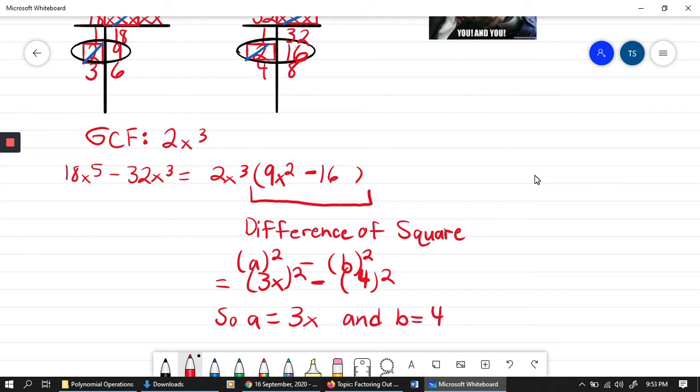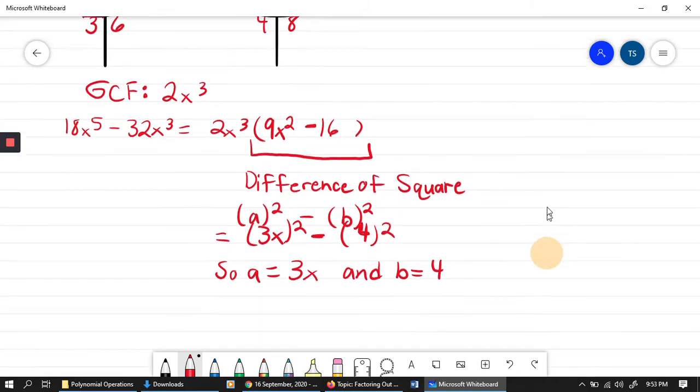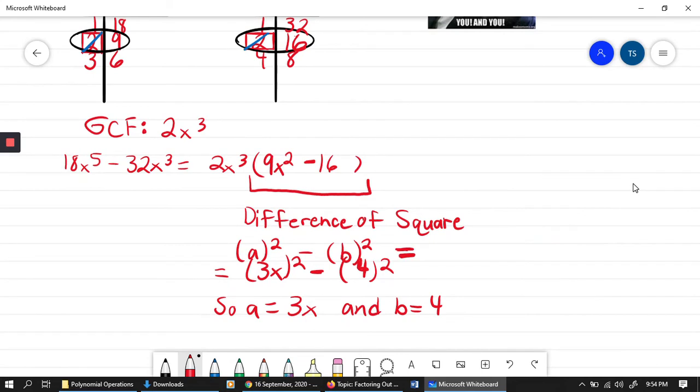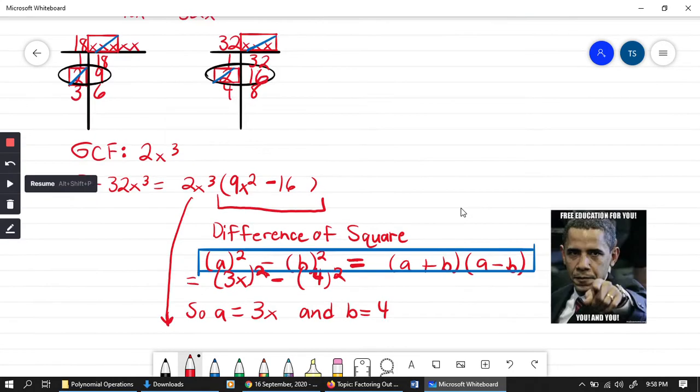So now we use the formula for factoring a difference of squares, where that there is supposed to be equal to a plus b times a minus b. The formula for factoring a difference of squares. Again, we've identified a and b already, and now we just need to use that formula.